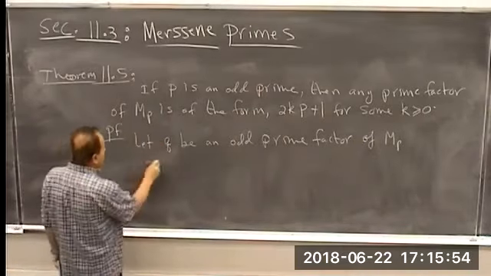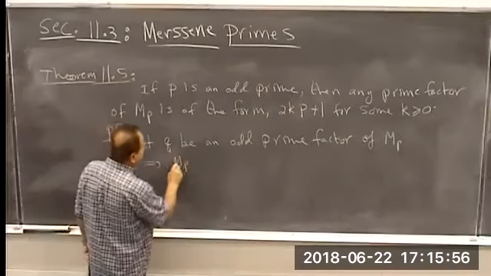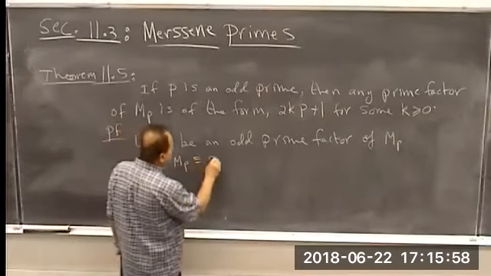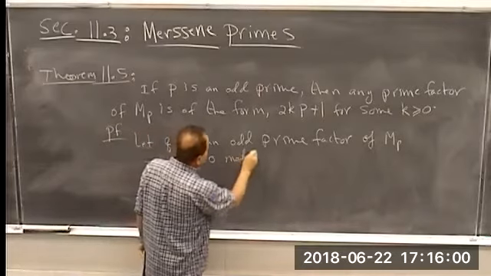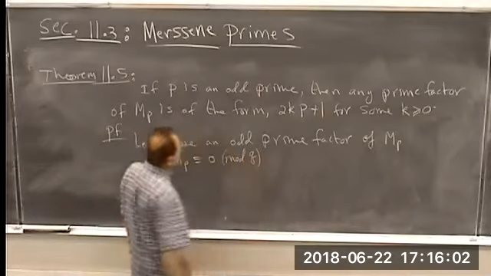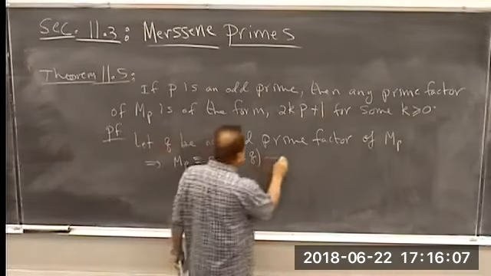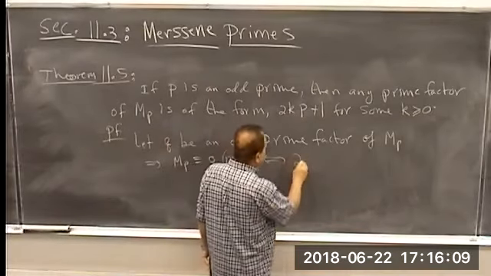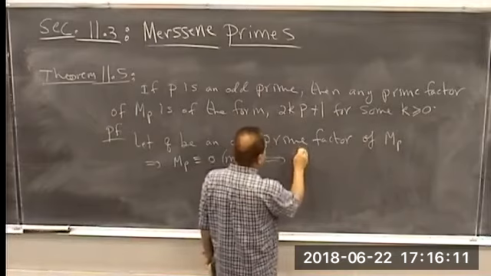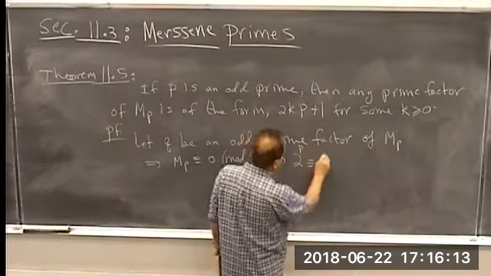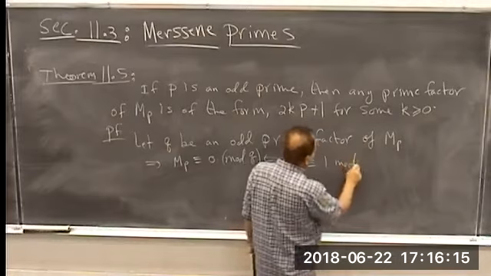This implies, of course, M sub p is going to be congruent to 0 mod Q. And this is the same as saying 2 to the power p is congruent to 1 mod Q.